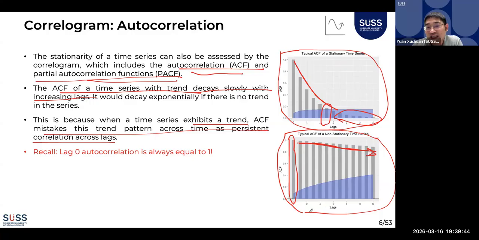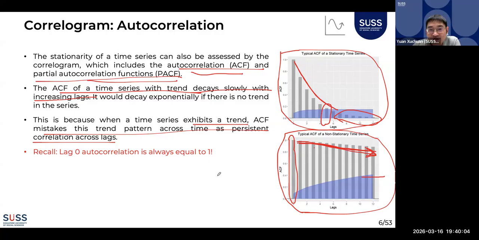But for this time series with trend, the autocorrelation function, you can see decreases slowly, and they are not within two standard deviation of this graph, right?